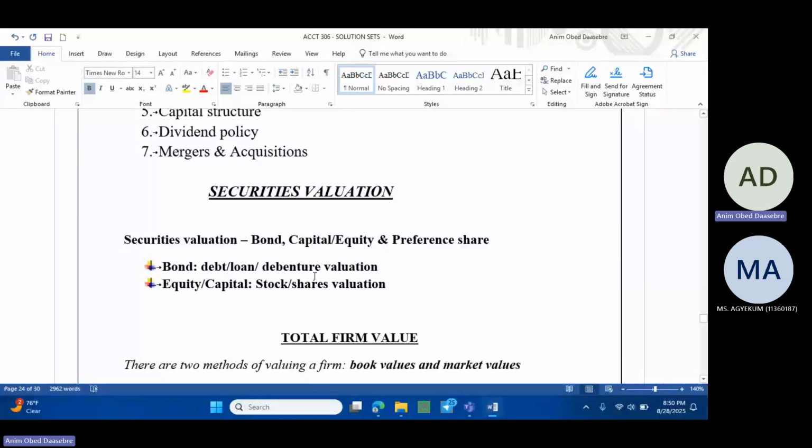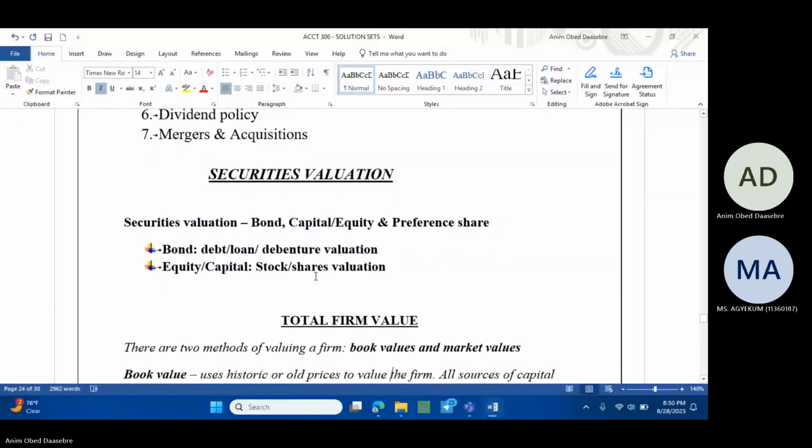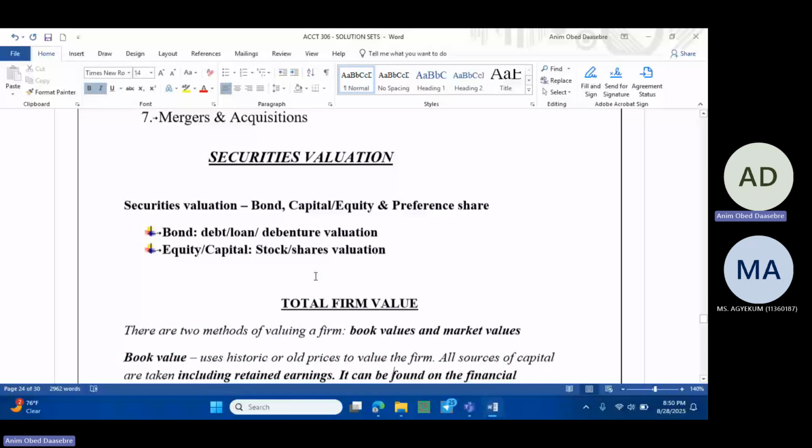Now, after you have gotten your source of finance, when it comes to security valuation, we want you to be able to find the price, the share price, or the capital price for each source.